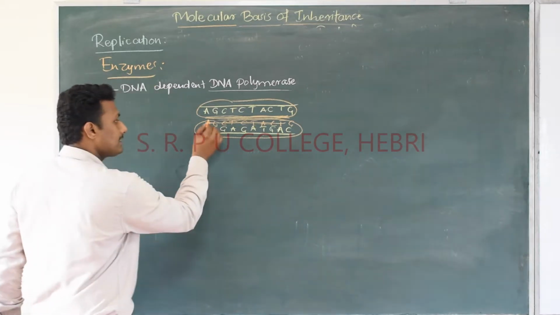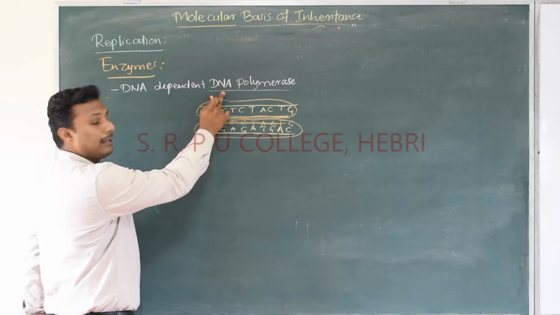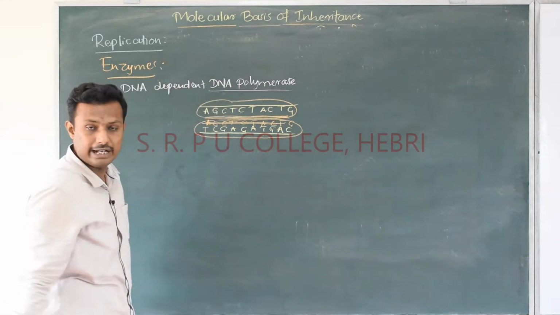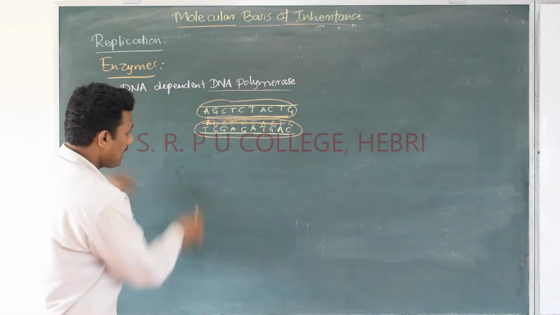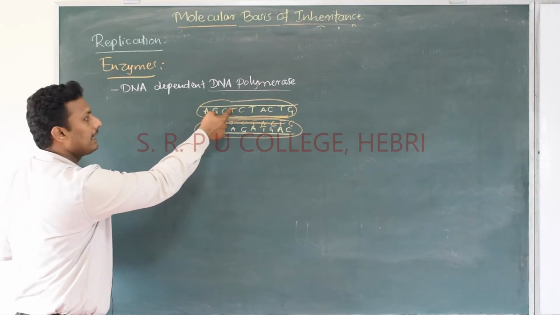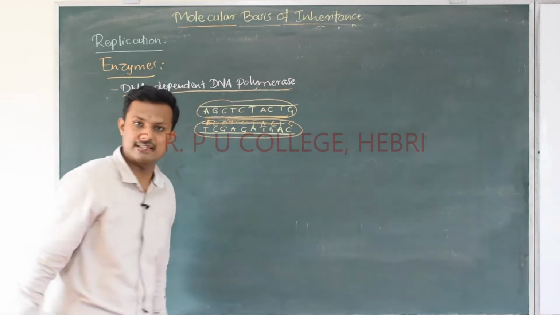And the synthesis of this new DNA is catalyzed with the help of this particular enzyme, which is called DNA polymerase. Right? So it depends on what? The old DNA or parent DNA, that is why it is called DNA dependent DNA polymerase enzyme.